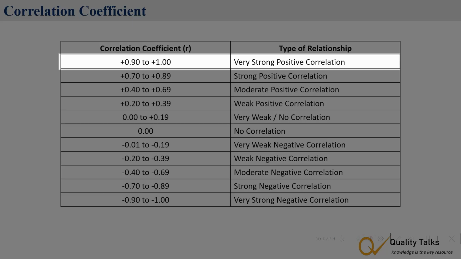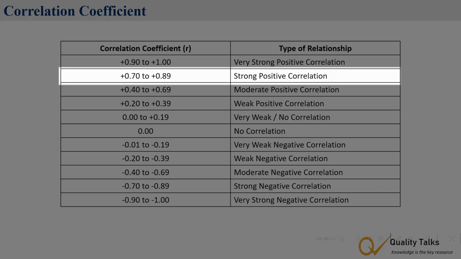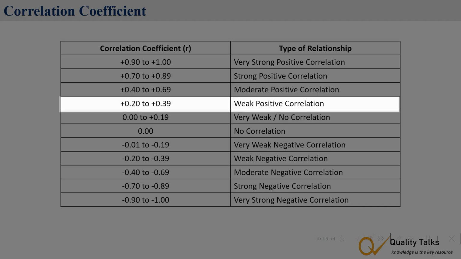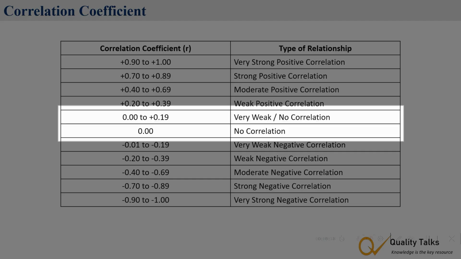If the correlation coefficient lies between +0.90 to +1, then it is a very strong positive correlation. 0.70 to 0.89, it is a strong positive correlation. 0.40 to 0.69, it is a moderate positive correlation. 0.20 to 0.39, it is a weak correlation. 0 to 0.19, very weak or no correlation. 0, definitely no correlation.